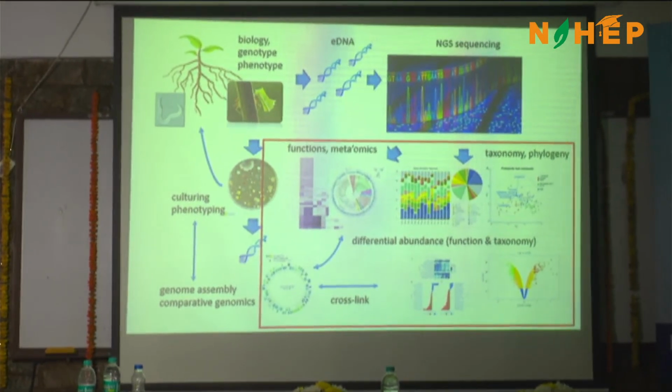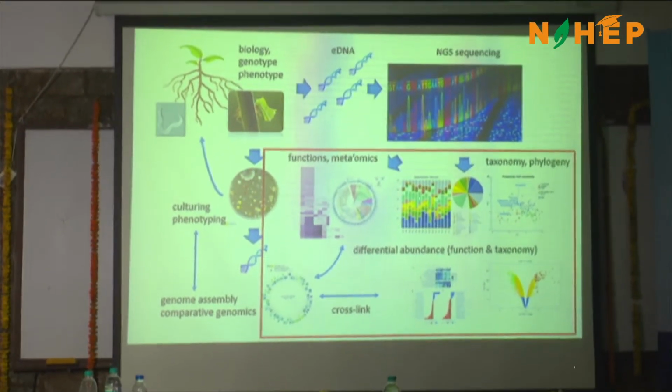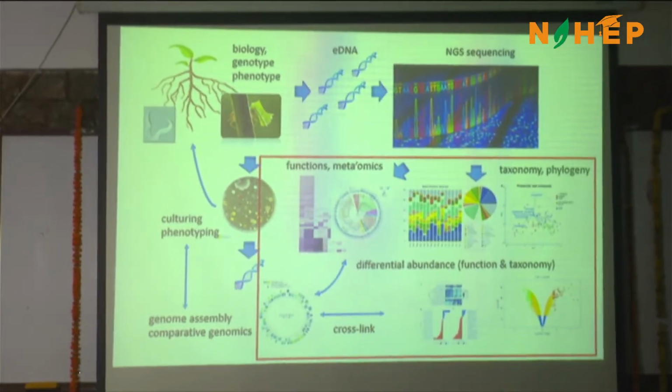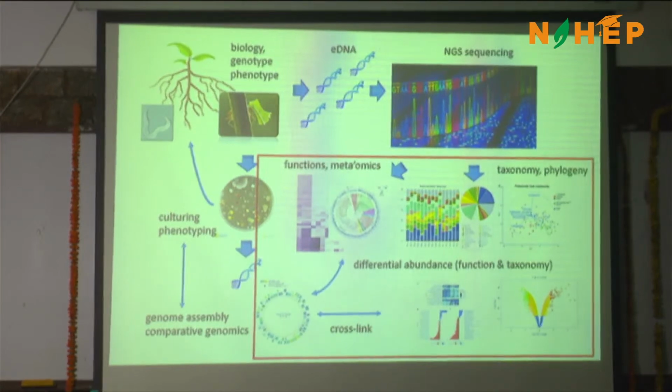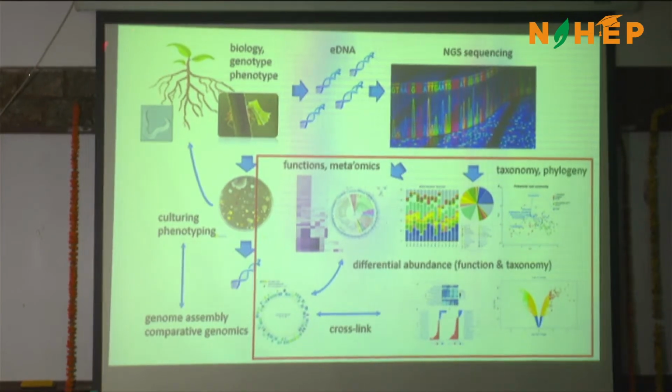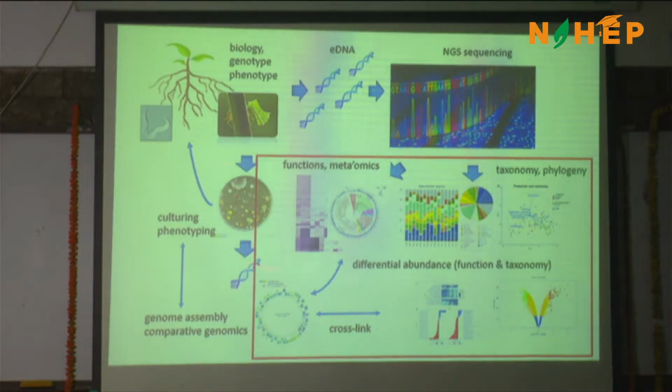So we are here in the program. I made a huge square here because I think we will be covering most of it. Remember, we started here isolating bacteria from the rhizosphere. We have our cultures already, showing some antagonistic activities in plate, I hope.